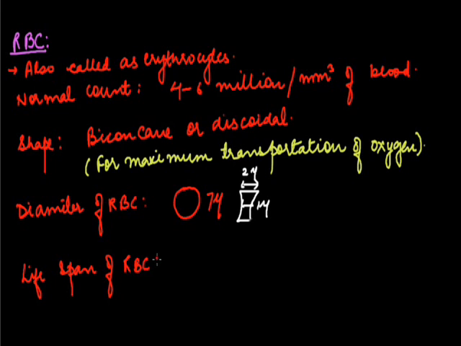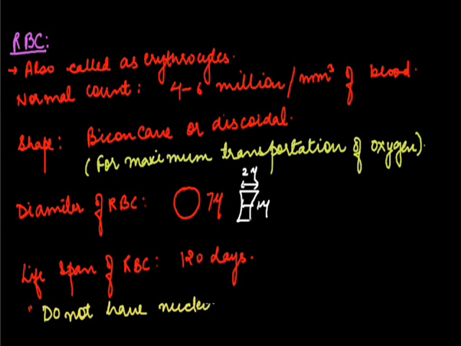Lifespan of RBC is 120 days, and the RBC of mammals do not have a nucleus only in the matured stage.